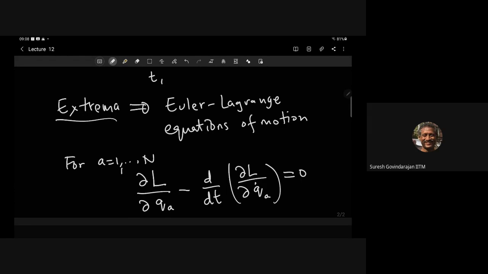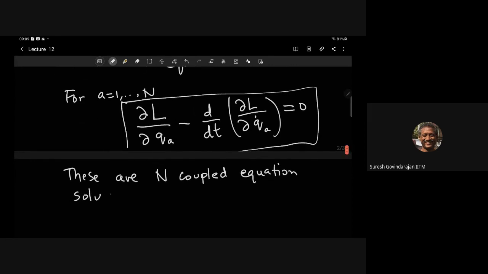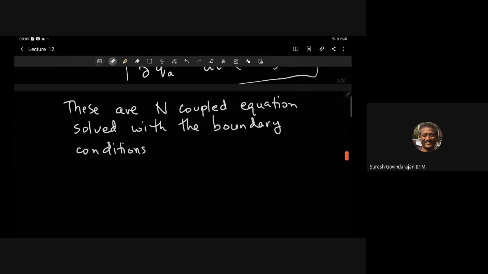So there are n possibly coupled equations, solved with the boundary conditions, that is, qa at t1 and qa at t2 are given.